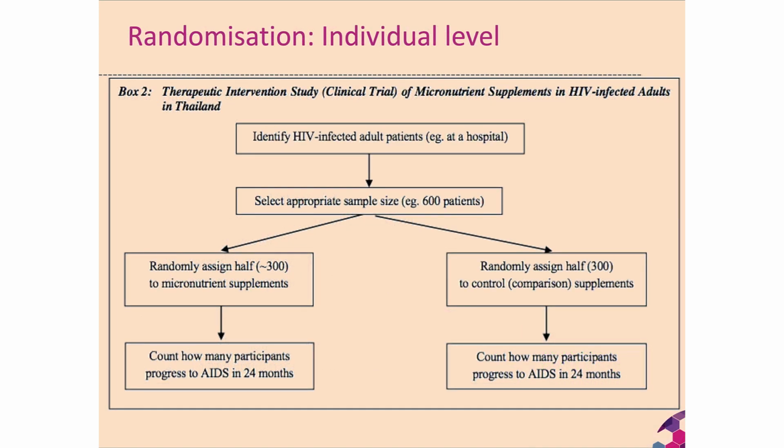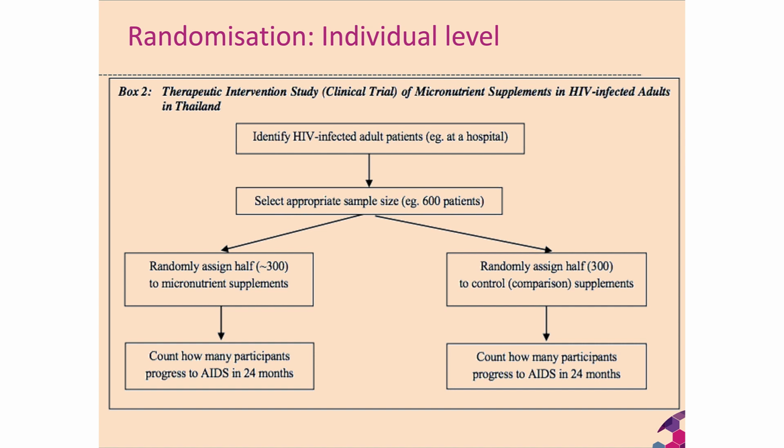We've already looked at an example of randomization at the individual level, but here it is in relation to this study of HIV-infected adults in Thailand and vitamin supplementation. And so we identify HIV-infected adult patients in a hospital. We select an appropriate number that we've thought about using some statistics to see what numbers we might need to show an effect.